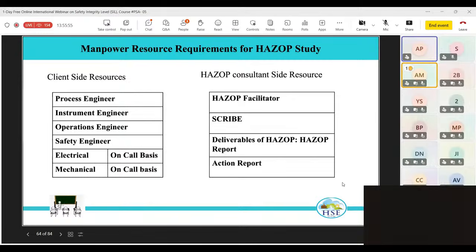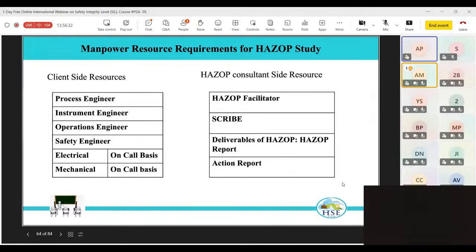So the client will give an explanation that out of say 20 recommendations the chairman has given, two or three recommendations are not possible to implement because some changes which are going to happen 1 month or 2 months or 6 months down the line are automatically taking care of that, or they are not possible to make. Okay, some kind of thing. And then the majority of the HAZOP chairman's recommendations, whichever are possible to implement, are accepted.